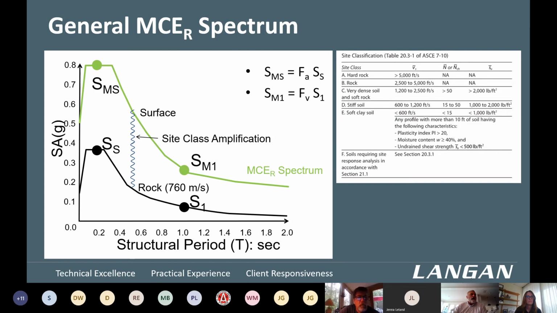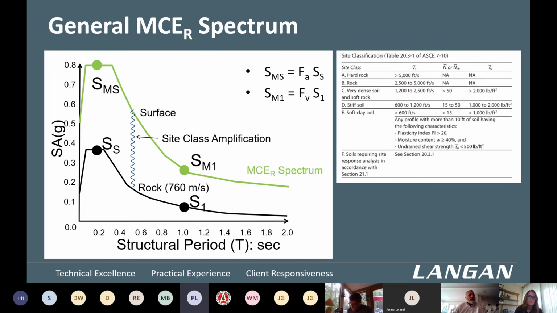And there are different types of factors that we use, a short period factor that is called F sub A. Then you modify this SS value to some value that is called SMS, which is for your site, using this FA value. And then you modify the 1 second value based on a different set of amplification factors called F sub V.